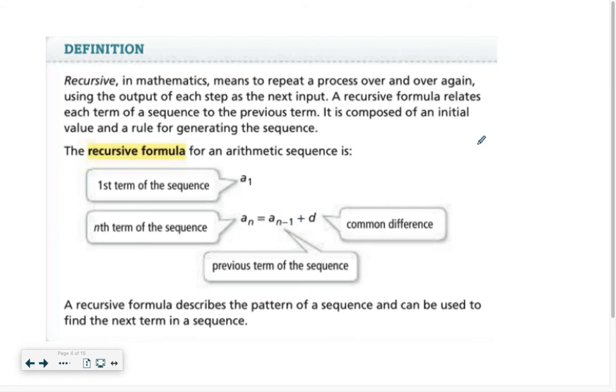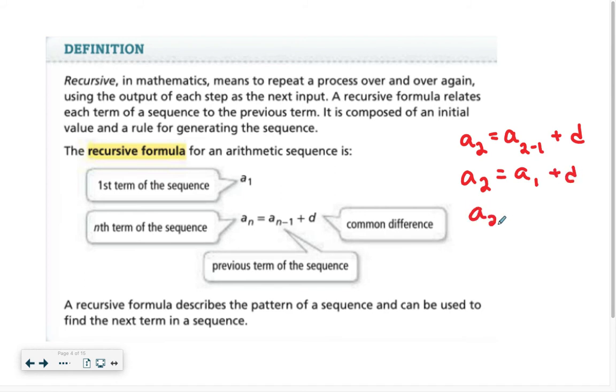If I am talking about the second term and I want to find that, I would do a subscript 2 equals a subscript 2 minus 1 plus whatever our common difference is. So our second term is, what's 2 minus 1? That's the same thing as saying 1 plus d.